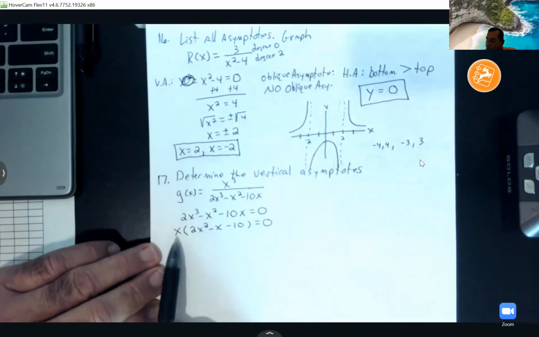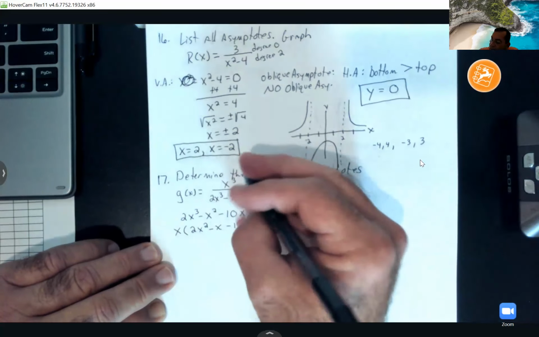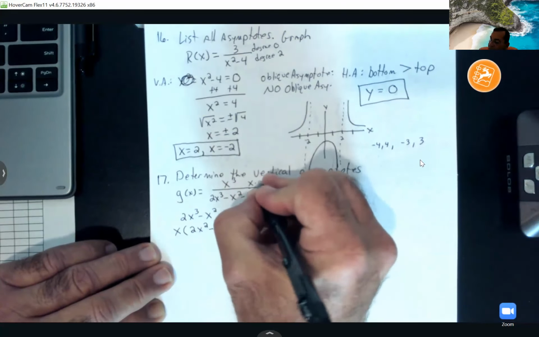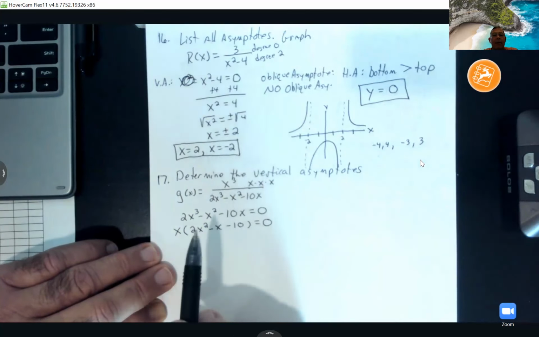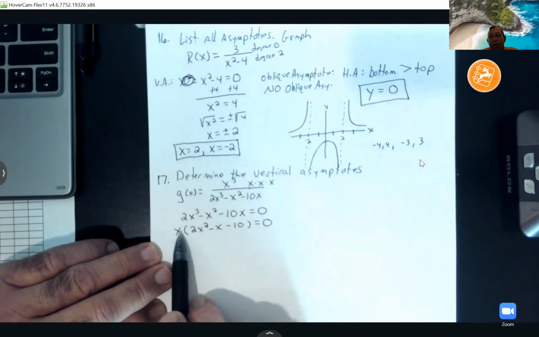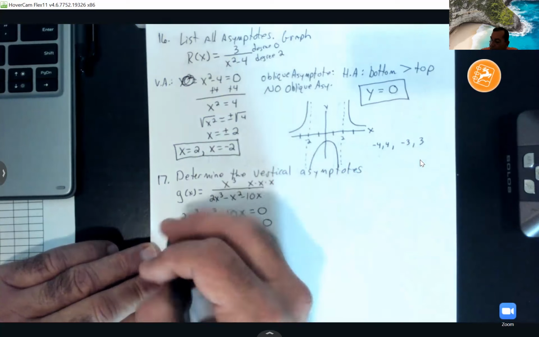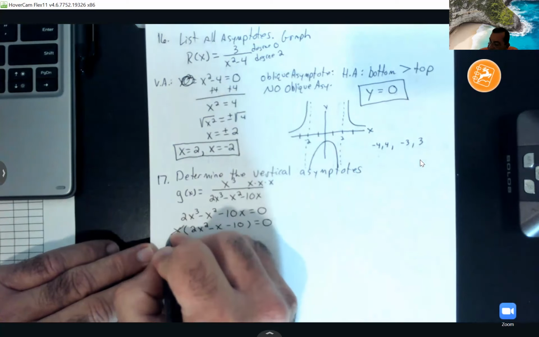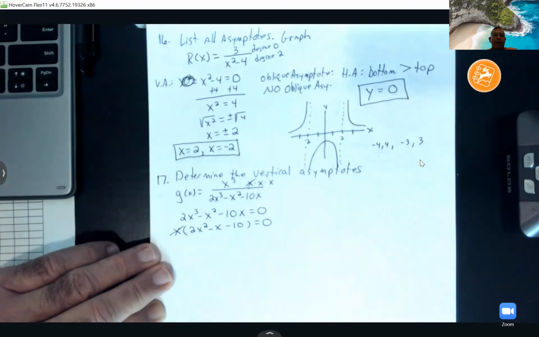Now, y'all, at this point, this x is going to cancel out because look on top, you got an x to the third. Remember, x to the third is x times x times x. So since I got a factor on the bottom that matches a factor on the top, this x right here is going to cancel with one of those x's on the top.